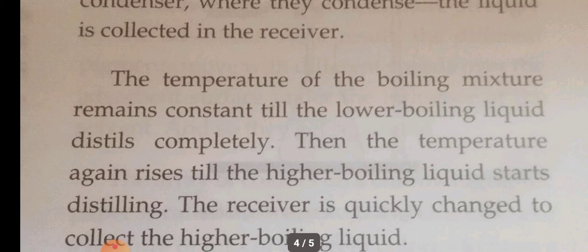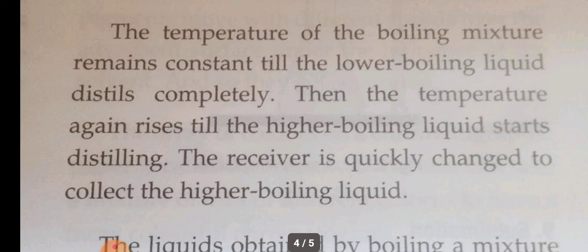Then the temperature again rises till the higher boiling liquid starts distilling. After collecting all the lower boiling point liquid in the receiver, we have to increase the temperature of the distillation flask, so that the other liquid kept in the flask will start to boil.